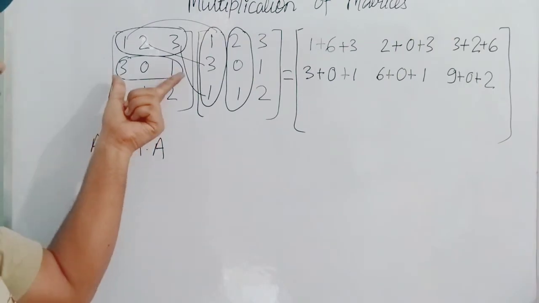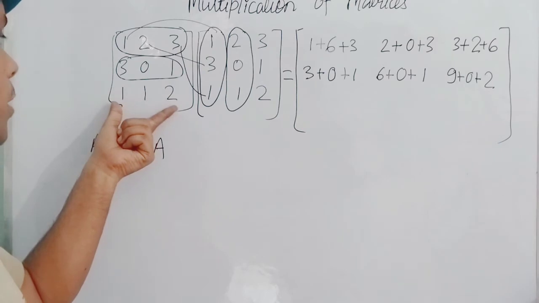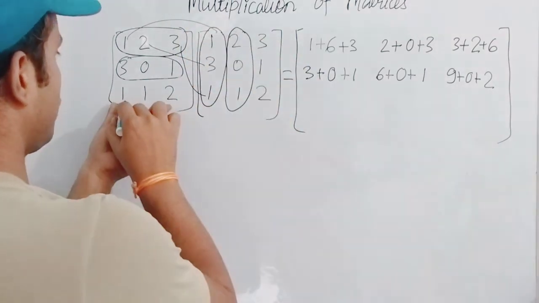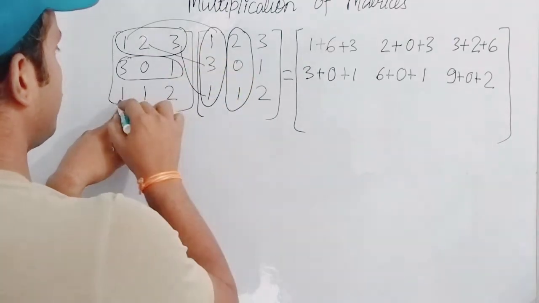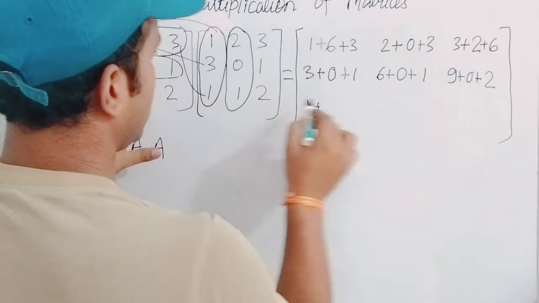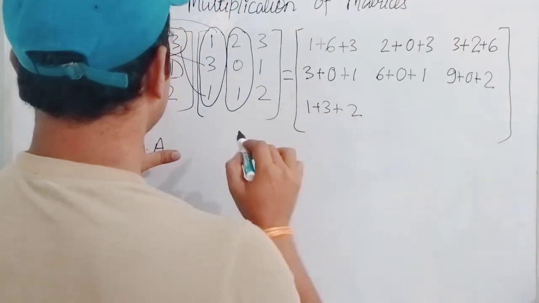Now we have multiplied second row with all these columns. Now we multiply the third row with all these columns. So let's multiply with first column. 1 into 1 is 1, 1 into 3 is 3 and 2 into 1 is 2.